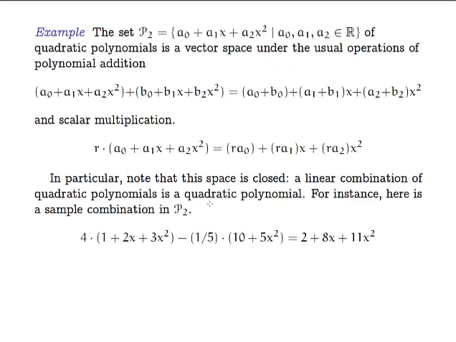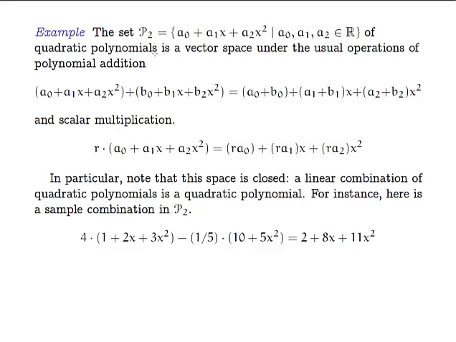Okay. All right, here's another example that's a little different from what you're used to. Consider the set of all polynomials of degree 2 or less, because these numbers a are real numbers, and they could possibly be 0. So think of all the possible quadratic polynomials.